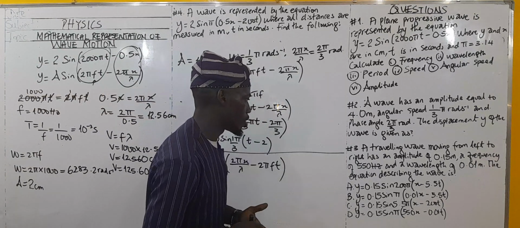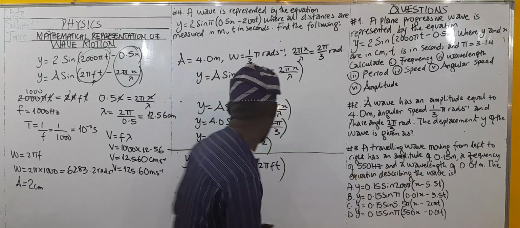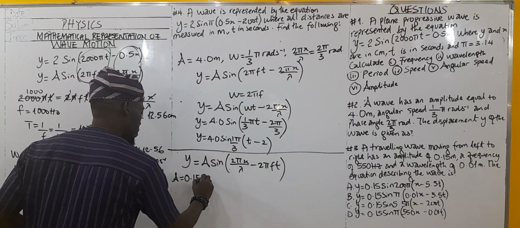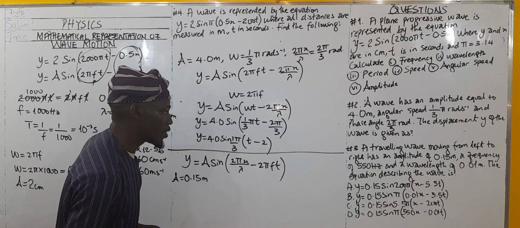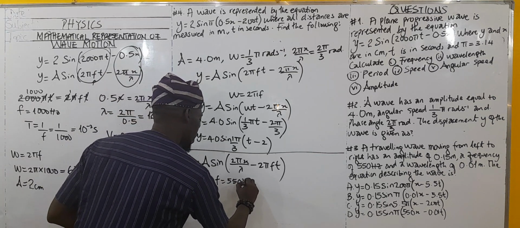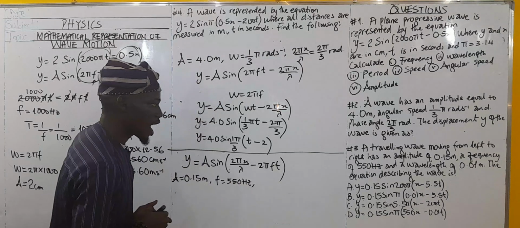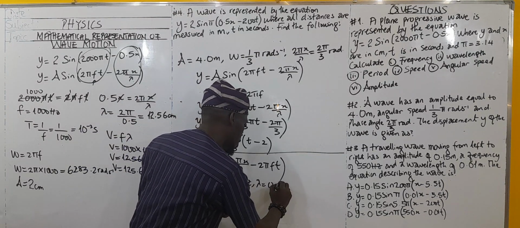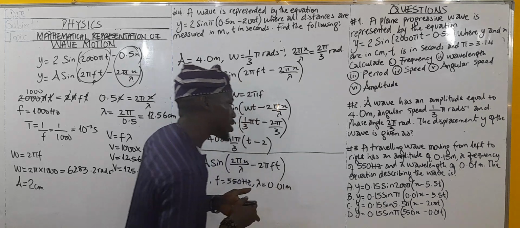Let's continue. As an amplitude, A equals 0.15 meter, a frequency which is 550 Hz, and a wavelength lambda which is equal to 0.1 meter.